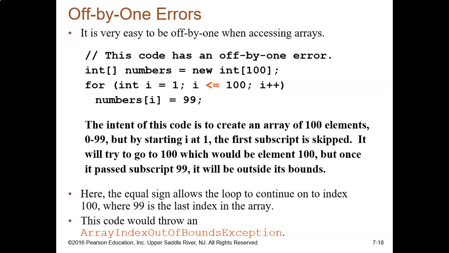So it's going to try to store 100 elements in this array, which is size 100, but because you skipped the first element, it is going to be trying to store a value just outside the bounds of the array. So here the equal sign allows the loop to continue on to index 100, but there is no such index 100, because whenever you set the size of the array to be 100, its indices are 0 to 99. And here it's trying to store the value 99 in index 100, and it doesn't exist.